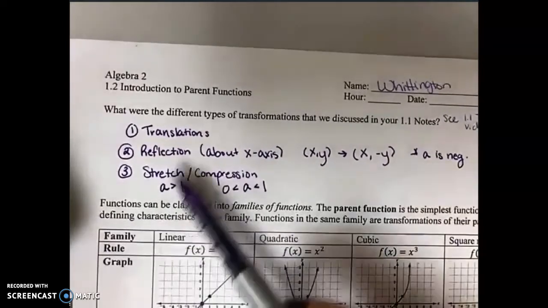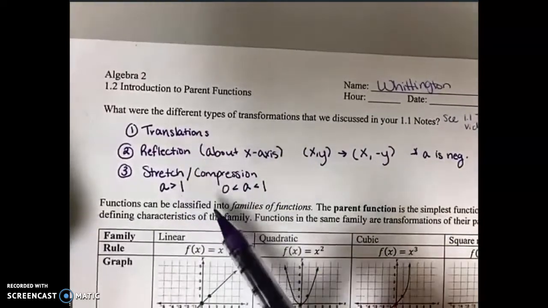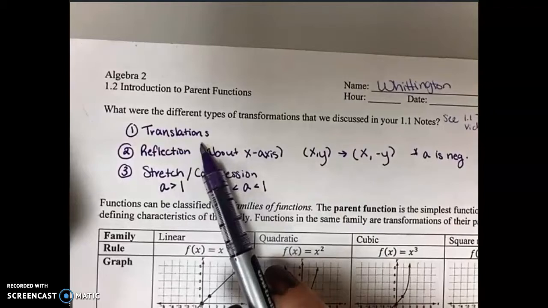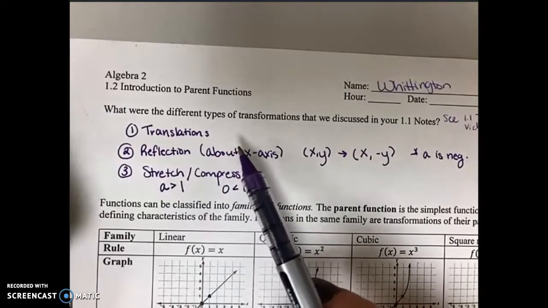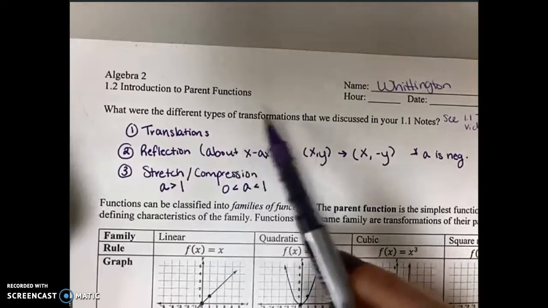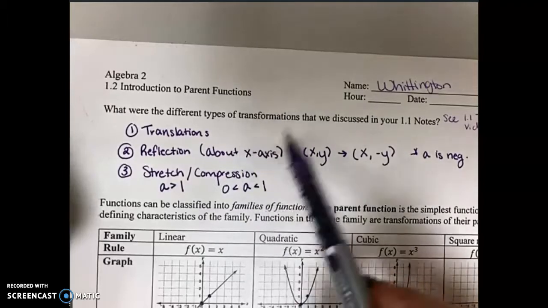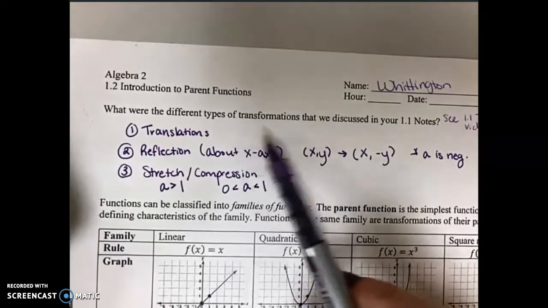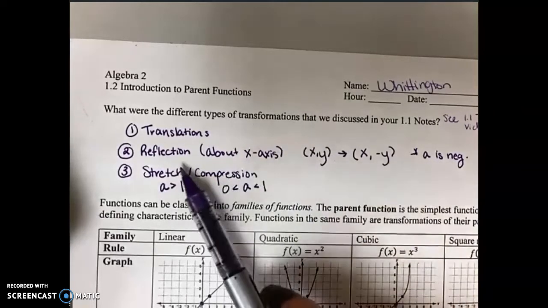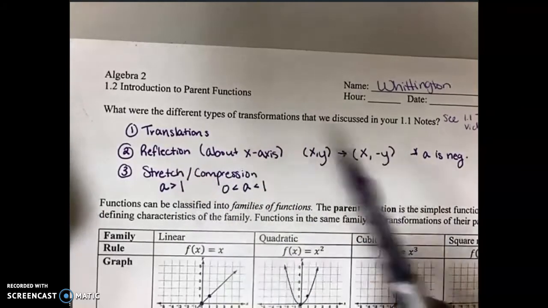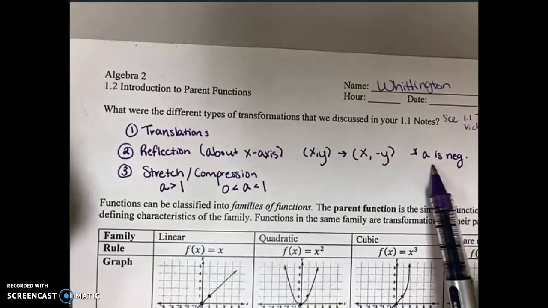We discussed 3 different types of transformations. The first was translations. So this is when we were adding a number that could have been inside of the power, so that would be moving it left or right, or outside of the power, which moved it up and down. We also have a reflection, and that's going to occur when the a value is negative.